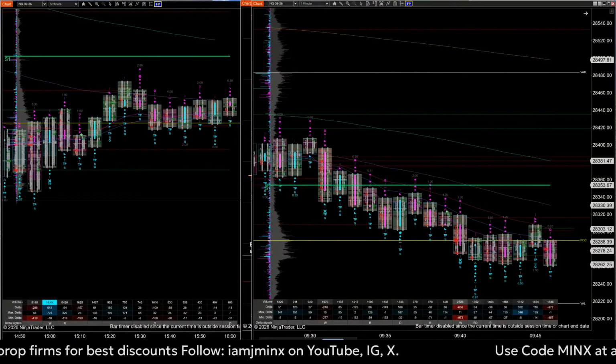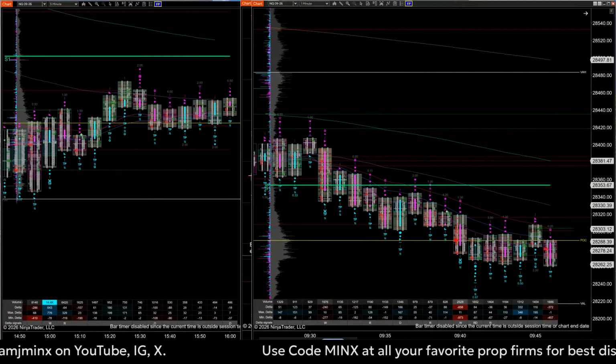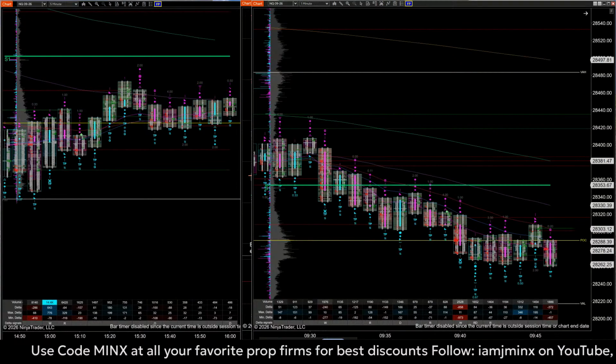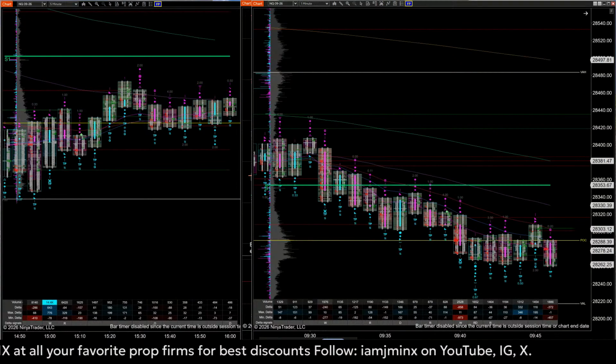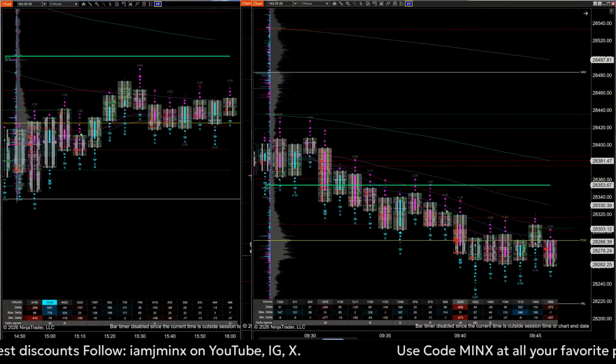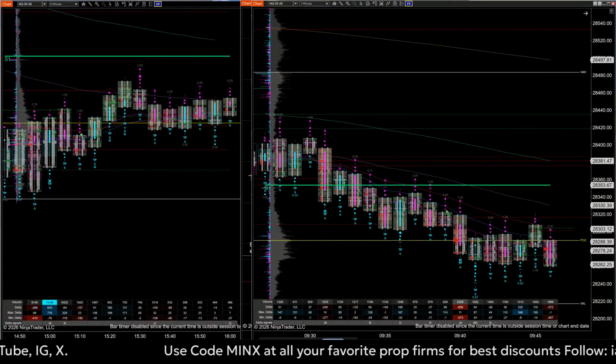But what you want to do is ask, is it just strong delta for a candle or two? You can't really tell the difference from the break candle alone. So was that strong delta, is it getting paid?